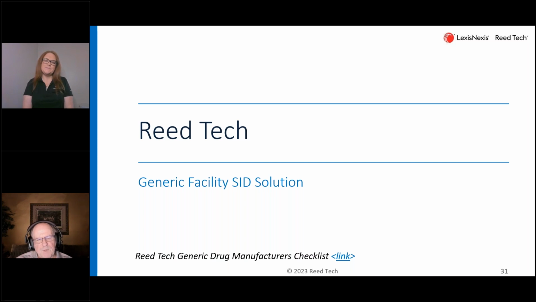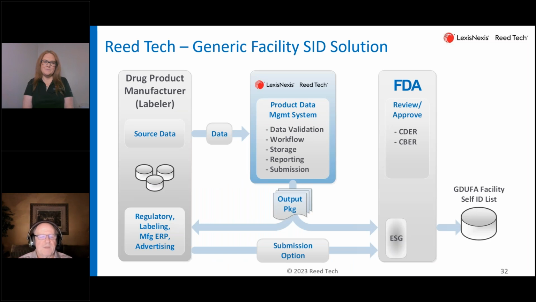So the first thing we'll do is take a look at the diagram. Now, this looks very similar to what we were talking about earlier, but we have put Reed Tech in the middle here as the third-party vendor that accepts data, and we have some standardized custom data collection form templates to receive that data for all your different facilities and also for the registrant.